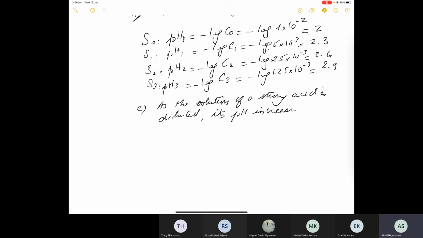Why? Because when we dilute by adding an extreme amount of water, the pH reaches 7. See how it was all done in the same way?